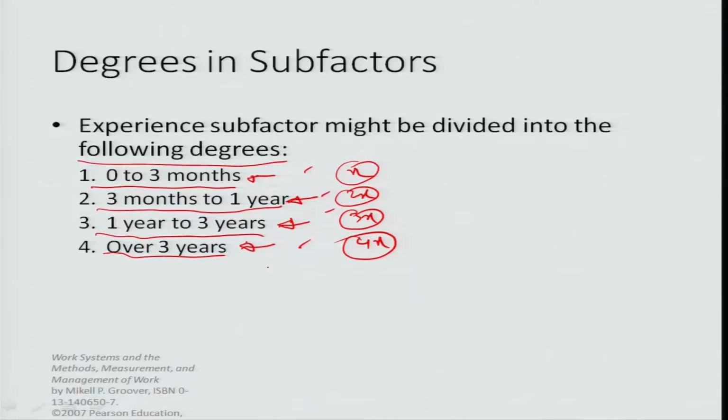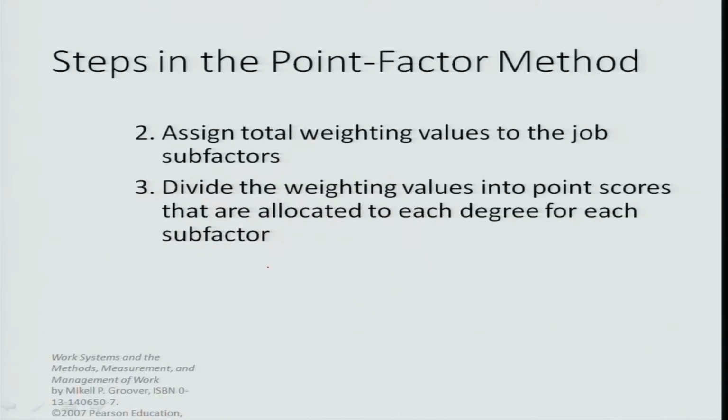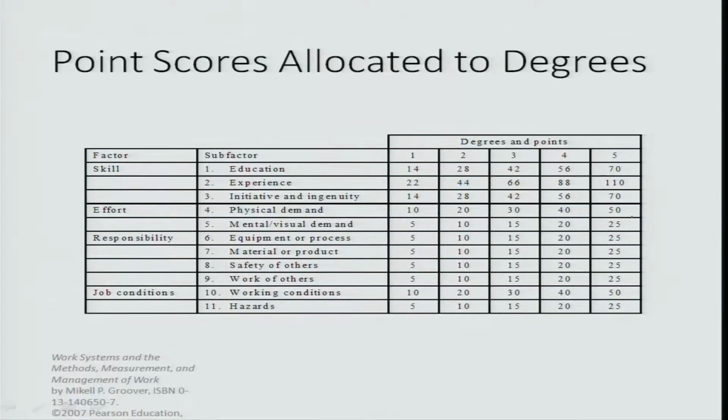In this particular case, the first point is of course assigning the total weighting values, and the second is dividing the weighting values into point scores that are allocated to each degree for each subfactor. Let's see how. For a certain job, say x, you have degrees between 1 and 5, and a point score of 14 is associated with the education part, which is a subfactor of the skill domain.